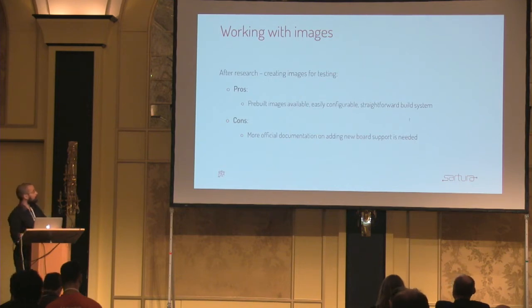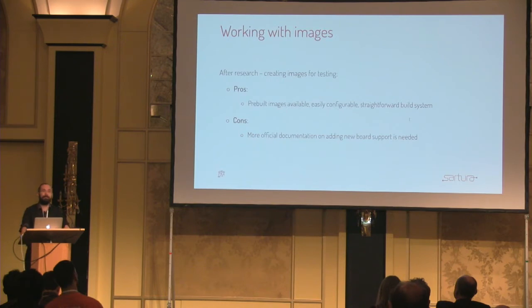So also what I would say here regarding the images: home users who want to play around with OpenWrt can just get the pre-built images from the OpenWrt pages, flash them, use them, and play around. Also, the build system of OpenWrt in general is very straightforward.